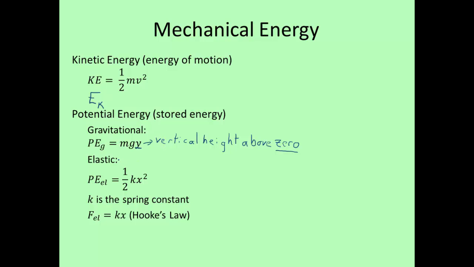When we talk about elastic potential energy, it follows a rule and the equation of 1/2 kx squared. K is the spring constant. The spring constant varies from spring to spring. It is basically a measurement of the strength of the spring. So the stronger the spring, the higher the spring constant.